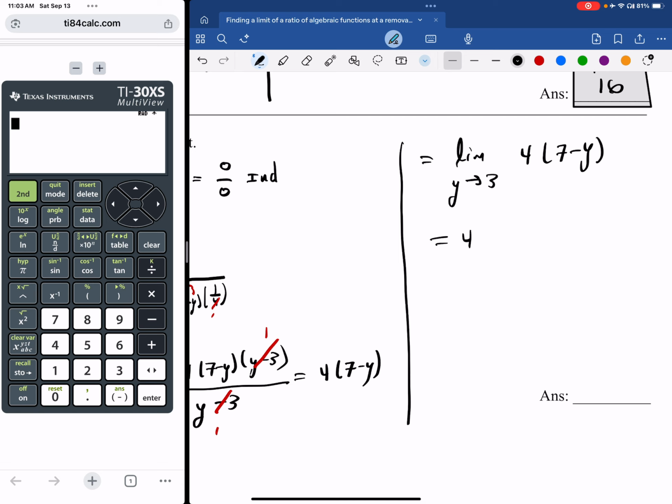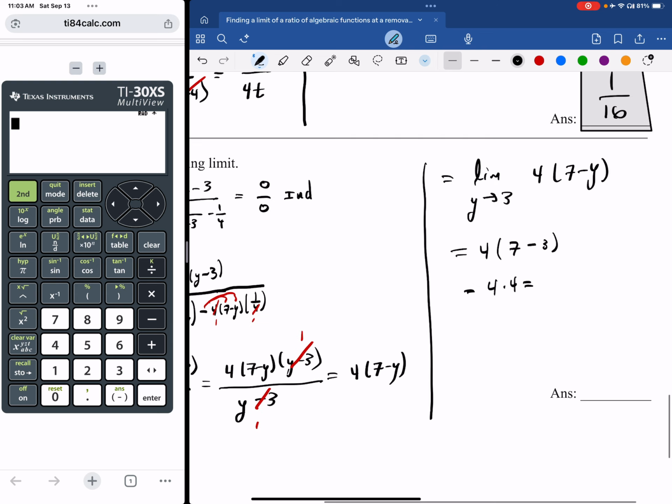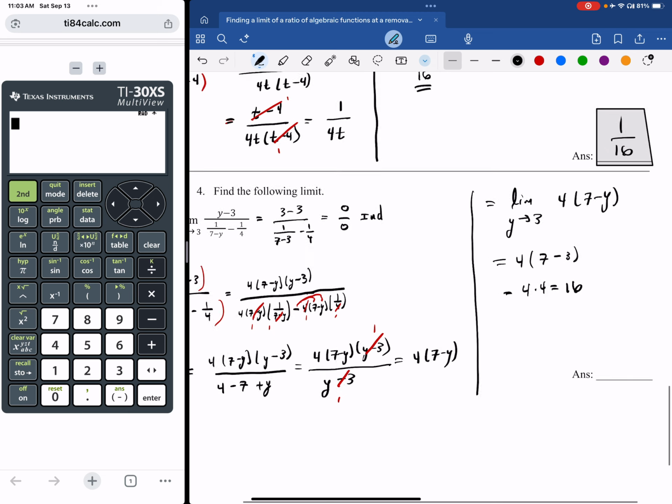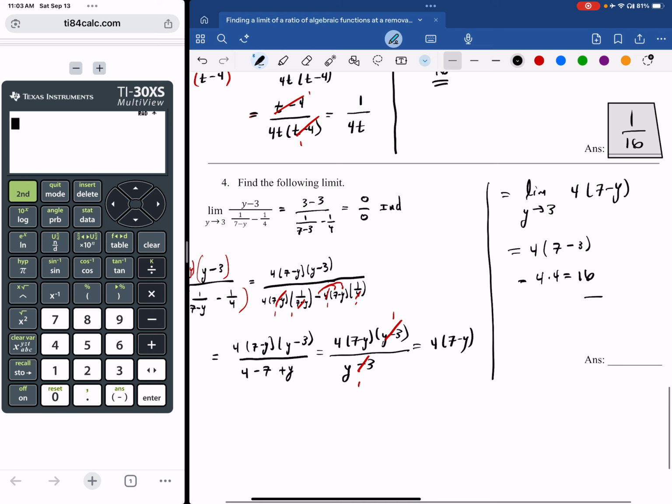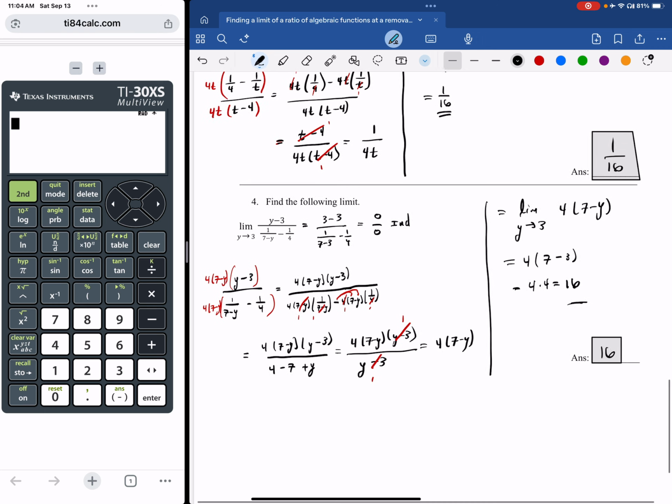I'm going to have 4 times 7 minus that y value, which was a 3. This is going to be 4 times 4, which is 16. And that would be my answer. As I evaluate it, if I'm able to get a number, that number is the answer.